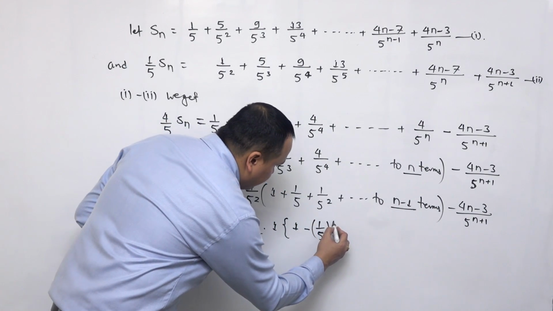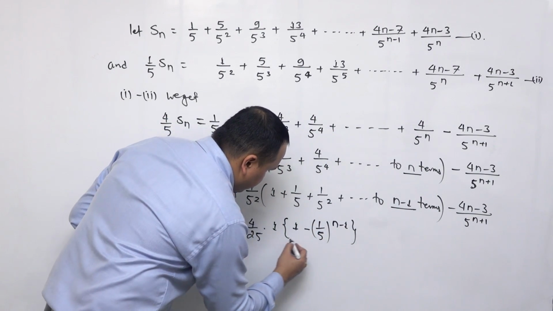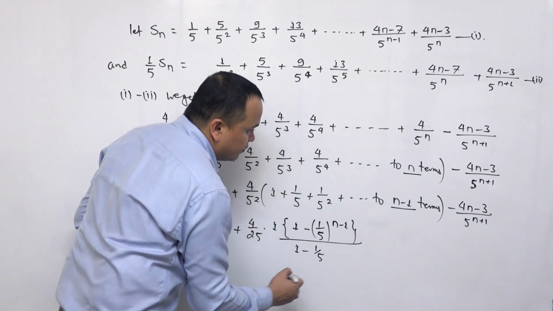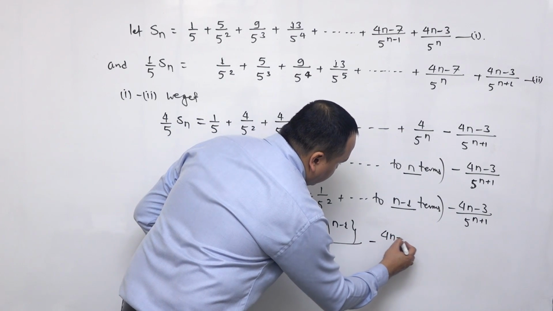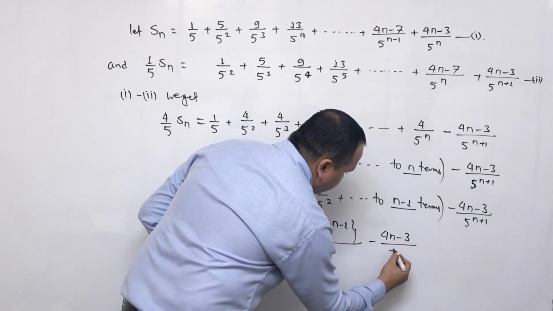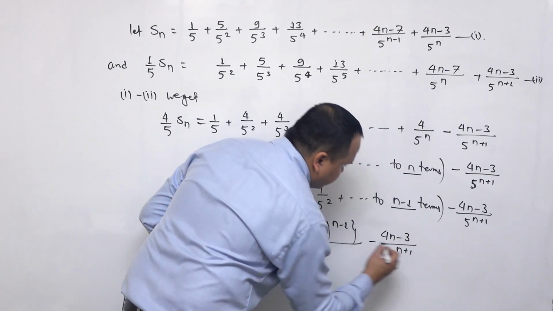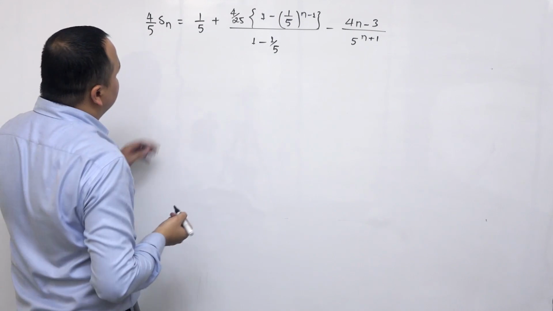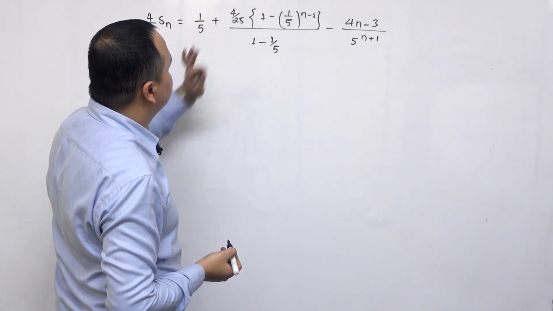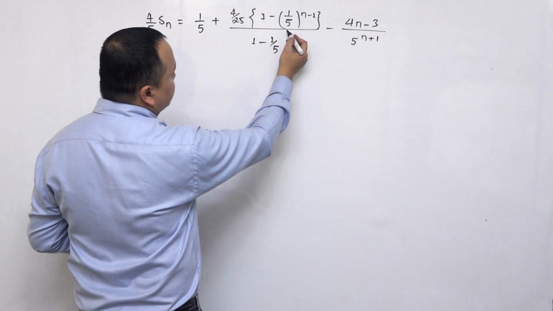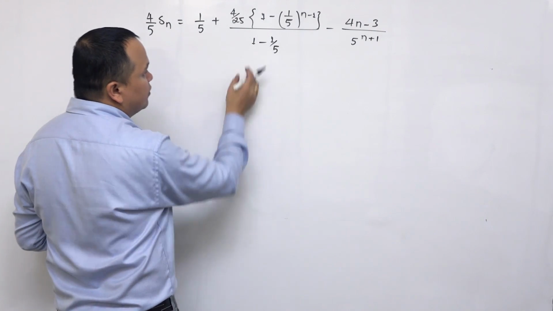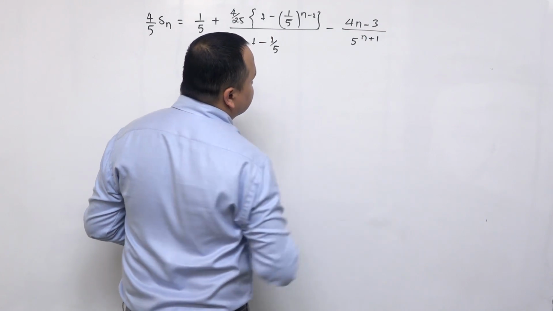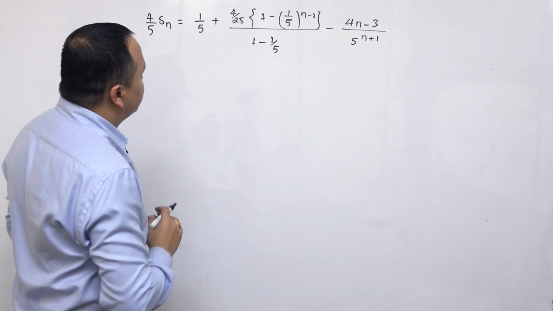So here n minus 1 upon 1 minus 1 upon 5 minus 4n minus 3 upon 5 to the power n plus 1. 4 upon 5 Sn is equal to 1 upon 5 plus 4 upon 25, 1 minus 1 upon 5 whole to the power n minus 1 upon 1 minus 1 upon 5 minus 4n minus 3 upon 5 to the power n plus 1.